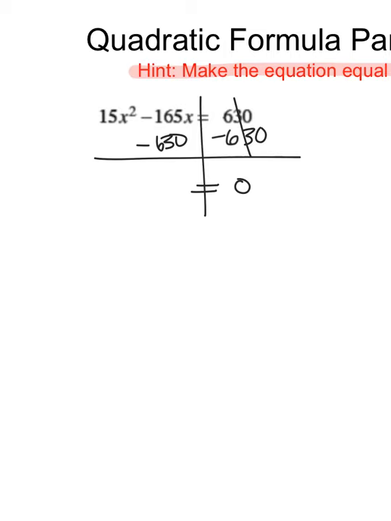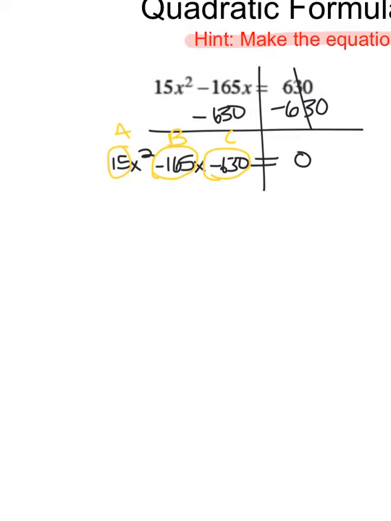We've got the a, the 15x squared, the b, the minus 165x, and the c, the minus 630. So a, b, and c. And then we can fill in our quadratic formula.